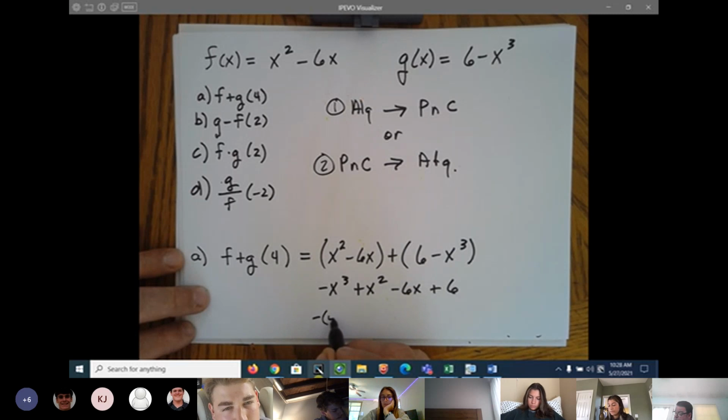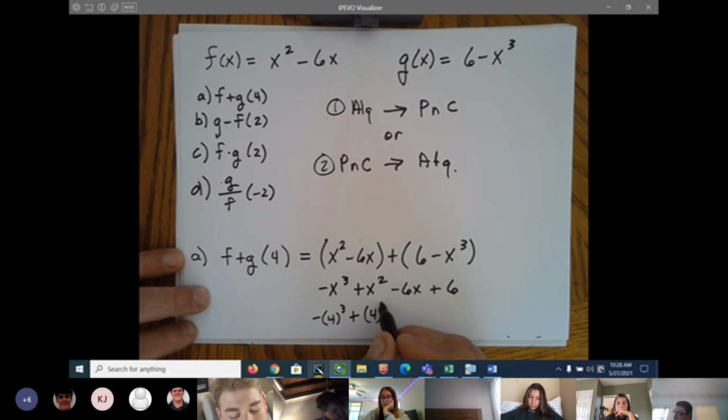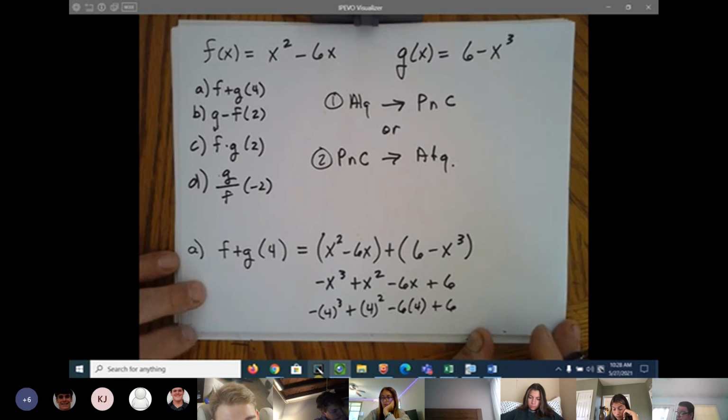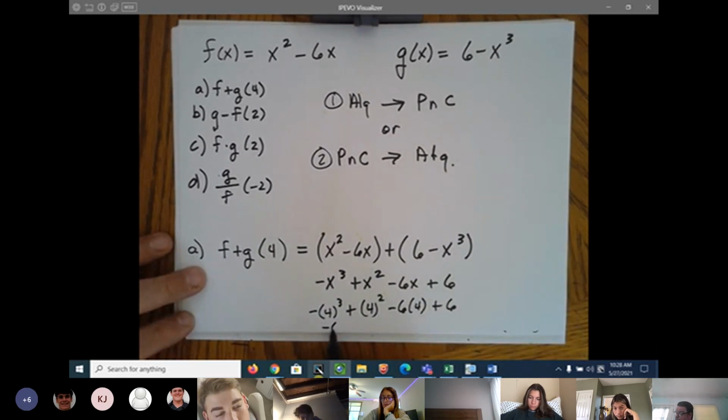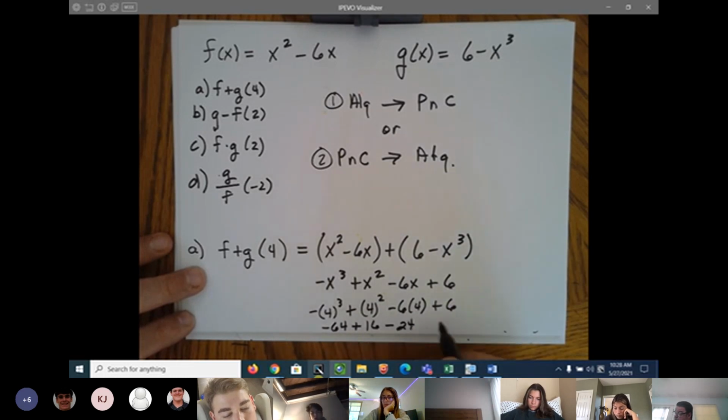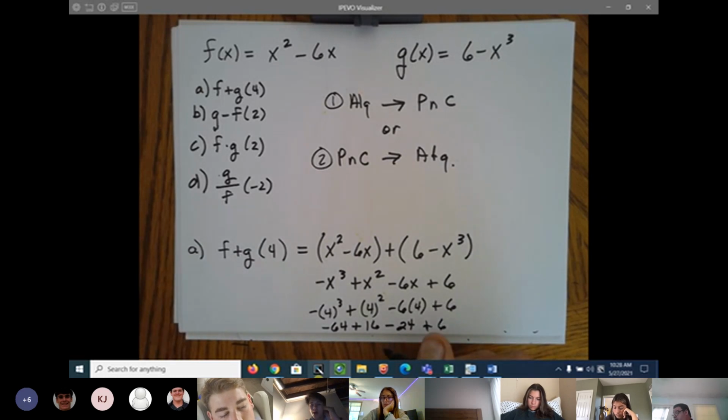So negative 4 cubed plus 4 squared minus 6 times 4 plus 6. That's negative 64 plus 16 minus 24 plus 6. Well, negative 64 plus 16 is what, 48?